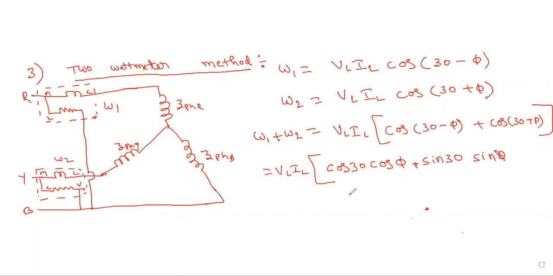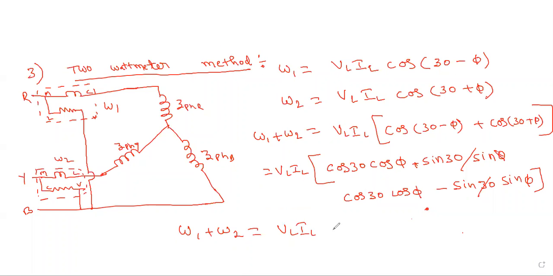Plus cos(A plus B), which is cos A cos B minus sin A sin B. So plus sin 30 sin 5 minus sin 30 sin 5, both will be cancelled. So W1 plus W2 is equal to VL IL 2 cos 30 cos 5.